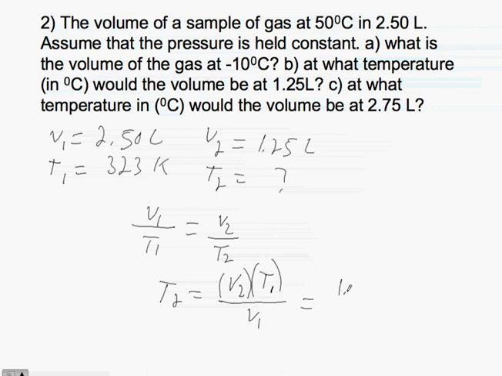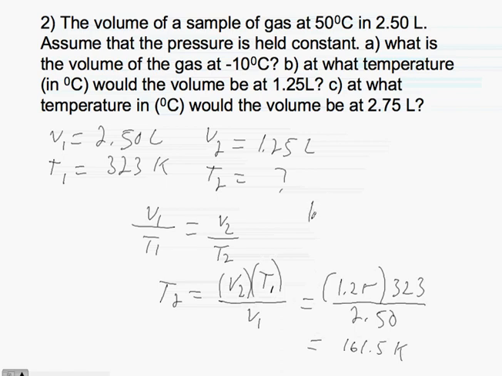V2 is equal to 1.25 liters, T1 is equal to 323, and V1 is equal to 2.50. When I do my calculation, I get 161.5 Kelvin, but the question doesn't ask for the answer in Kelvin. It asks for it in degrees Celsius.